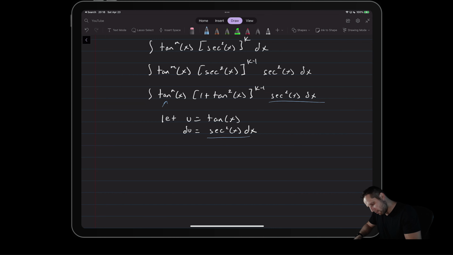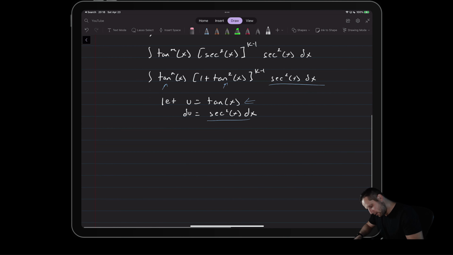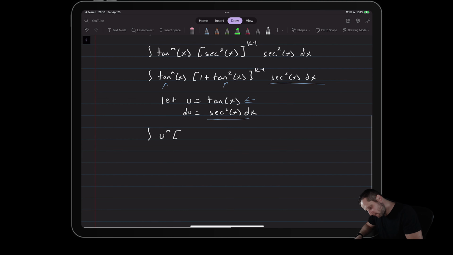And then the remaining terms are all in tangent, which we can use with this u substitution. Then we are going to do the integral with our u substitution in place: the integral of u to the m power times 1 plus u squared to the k minus 1 du.